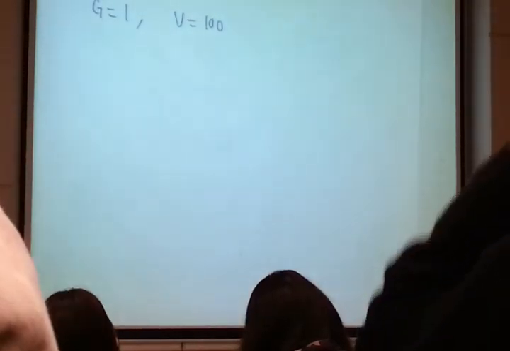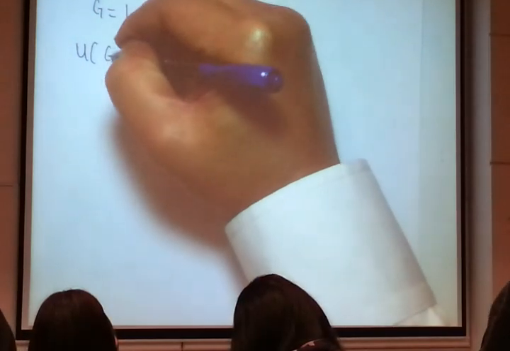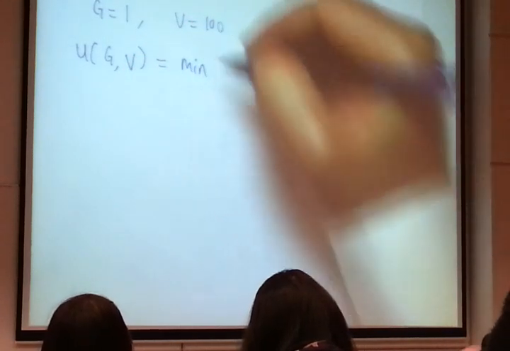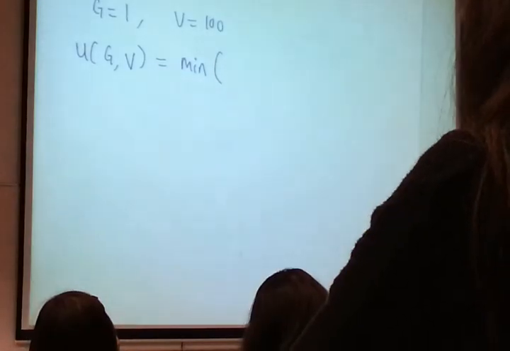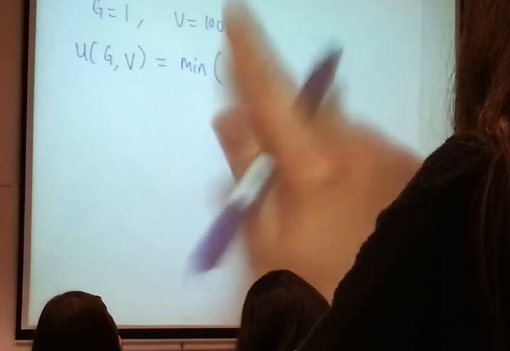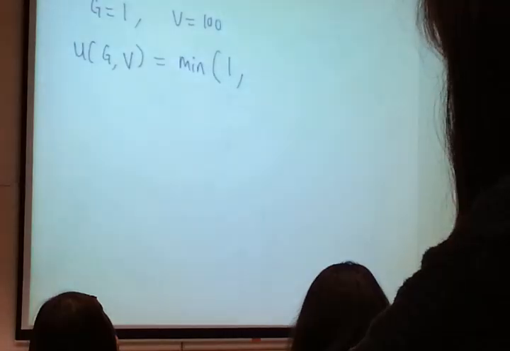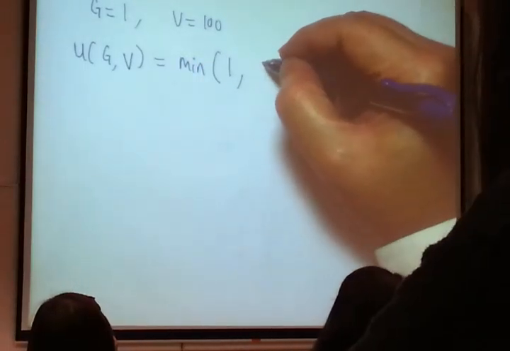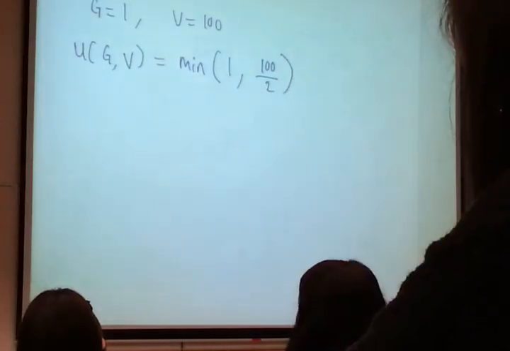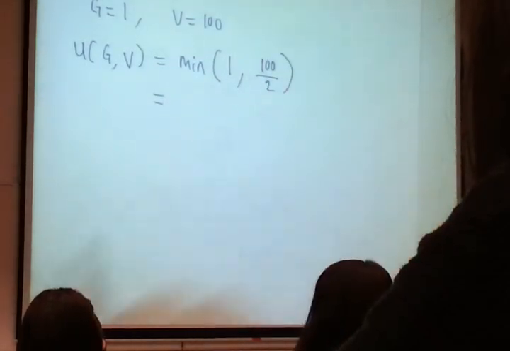What's the utility equal to? G is how much? 1. V is how much? 100. Right? The utility should be 1 or 50.